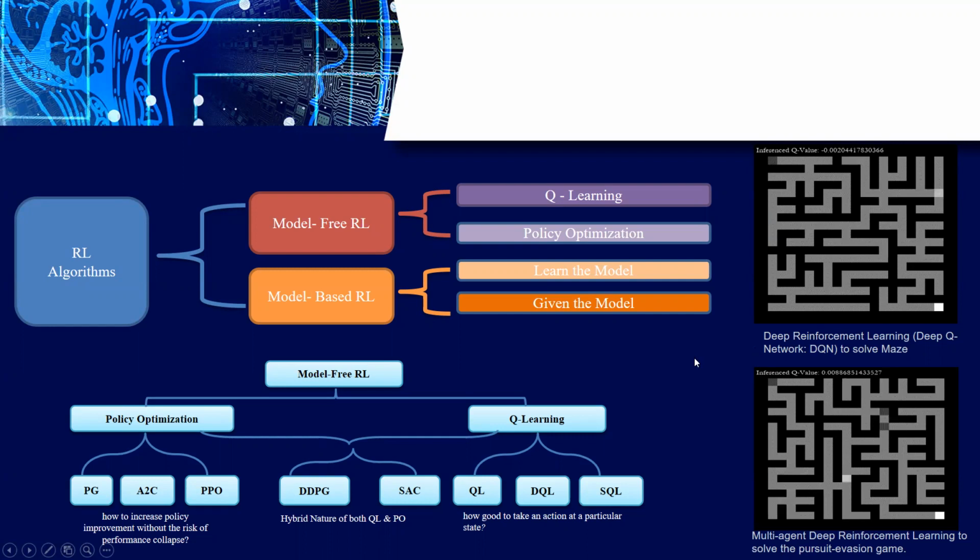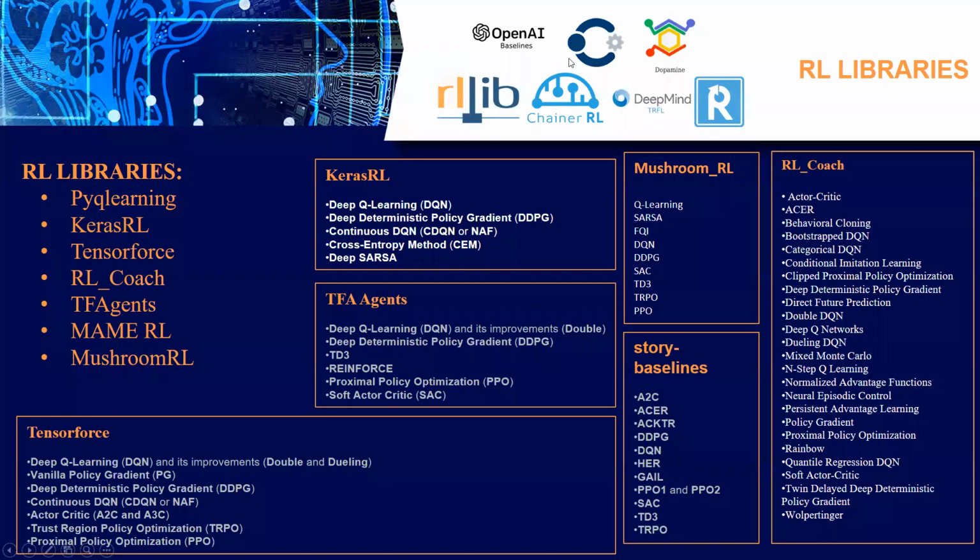Clear? Coming to libraries, we already discussed so many libraries for machine learning, like supervised and unsupervised machine learning. What are the different libraries? TensorFlow, Keras, sklearn.